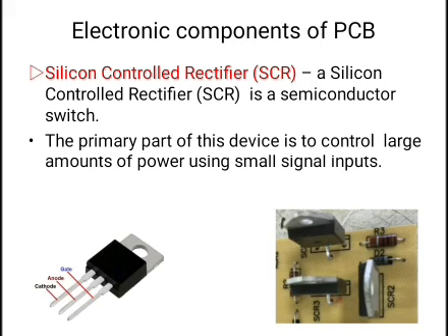Next, the silicon controlled rectifier, SCR. It is also known as thyristors. SCRs are similar to transistors and diodes. In fact, there are essentially two transistors working together. They also have three leads but consist of four silicon layers instead of three and only function as switches and not as an amplifier.